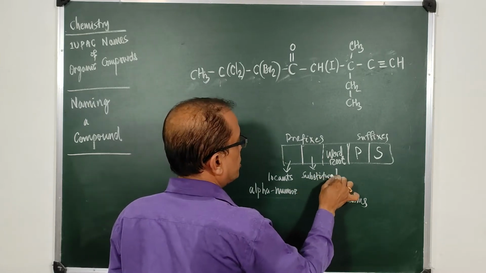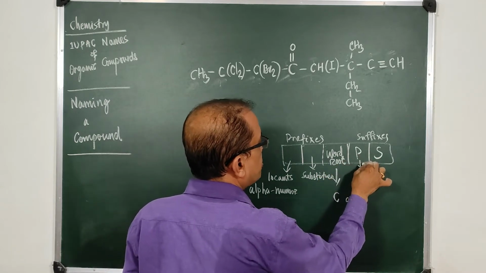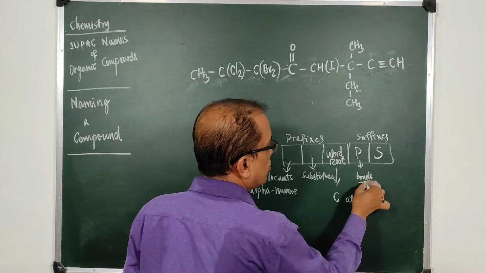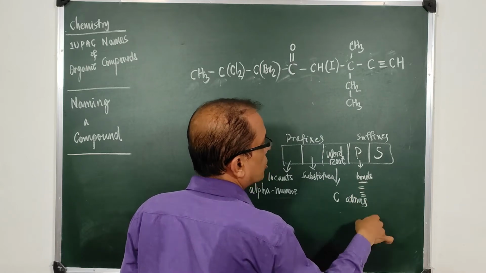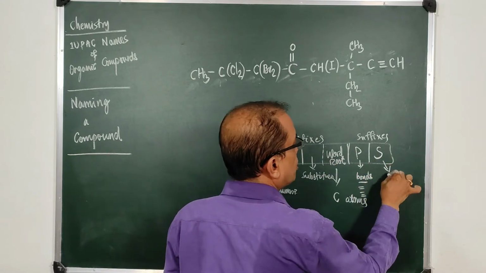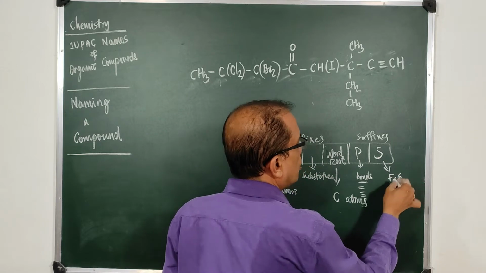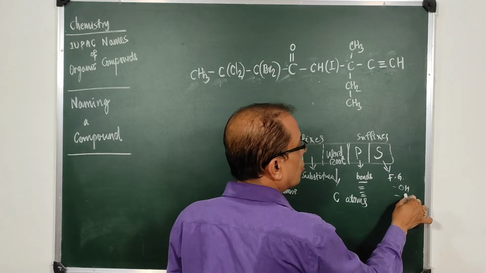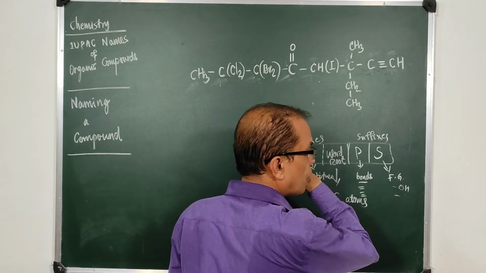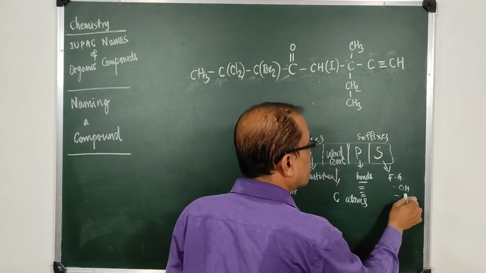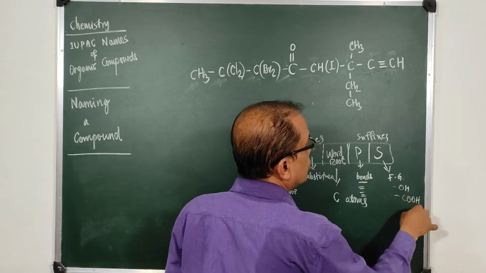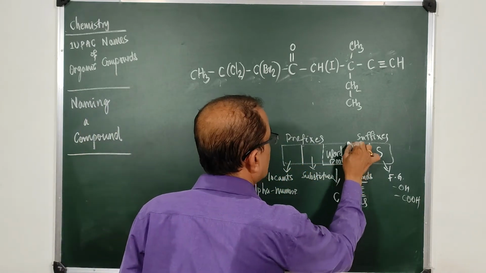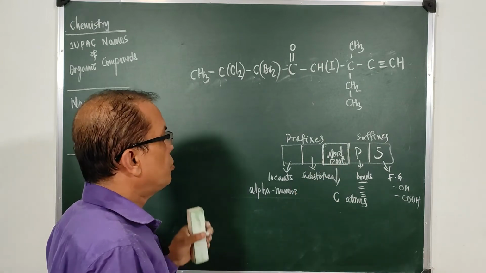And the primary suffixes are about the bonds. They may be single bond, double bond or triple bond. And the secondary suffix is about the functional group like alcohol, ketone, ether, ester or carboxylic acid.